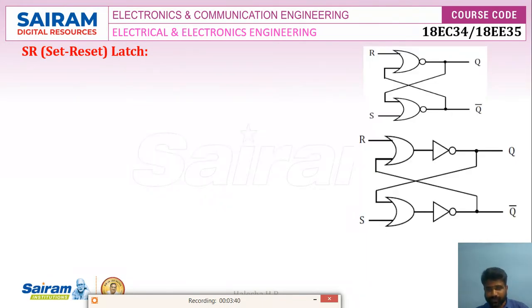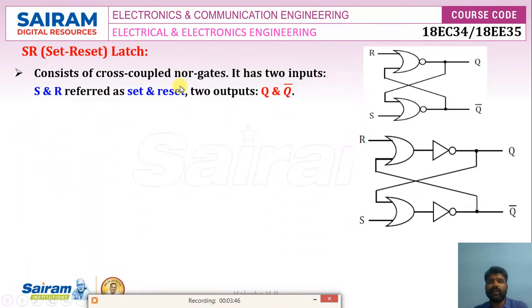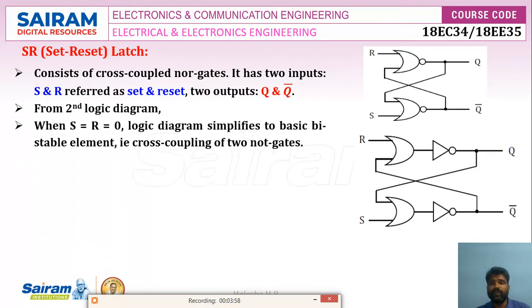Now let's verify the operation. It consists of cross-coupled NOR gates. It has two inputs S and R, referred to as set and reset, and two outputs Q and Q bar. From the second logic diagram, when both S and R are equal to 0, the diagram simplifies to the basic bistable element, which becomes cross-coupled NOT gates.